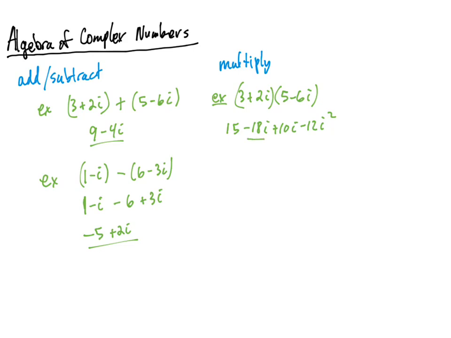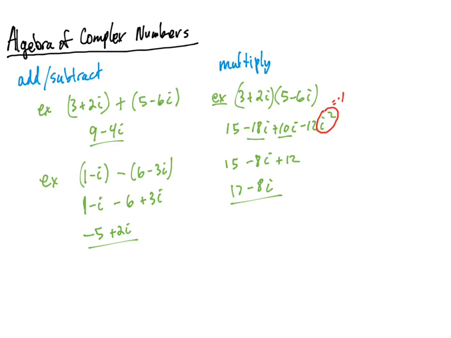First we can combine the like terms, so negative 8i, and then we need to remember that i squared is equal to negative 1. So in that last term I have negative 12 times negative 1, which is positive 12. Combine the 15 and the 12, you end up with 17 minus 8i.